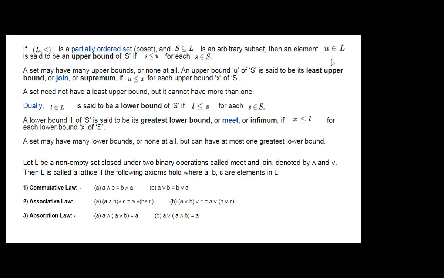Then an element U which belongs to L is said to be an upper bound of S if S is less than or equal to U. Here, S is the arbitrary subset, and U is an element that belongs to L. L is our lattice. That U contained in L is said to be an upper bound.